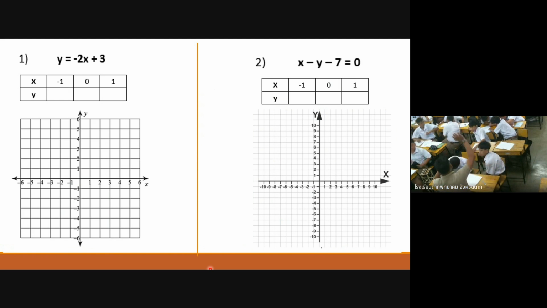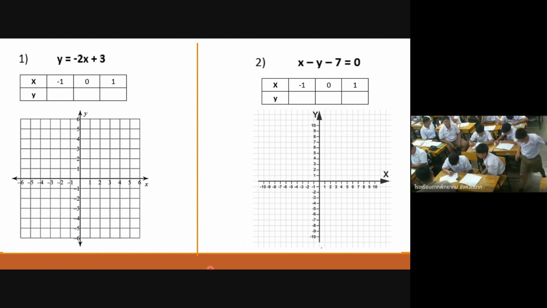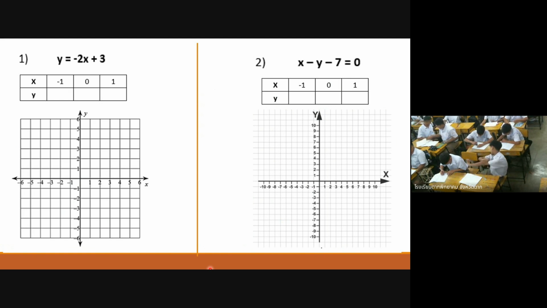Not finished yet? Raise your hand. Okay, everyone, exchange notebooks.